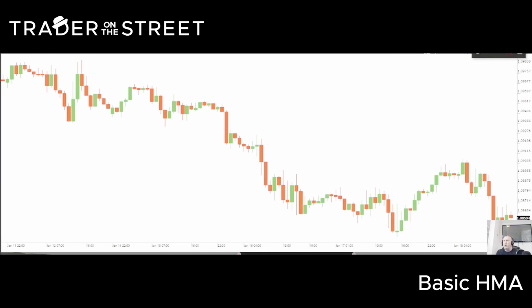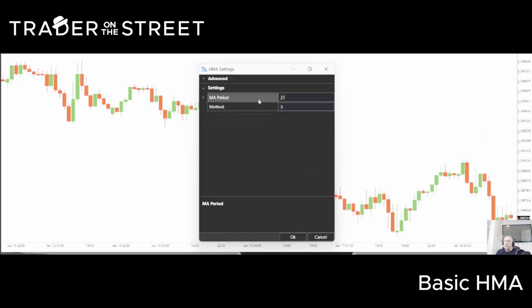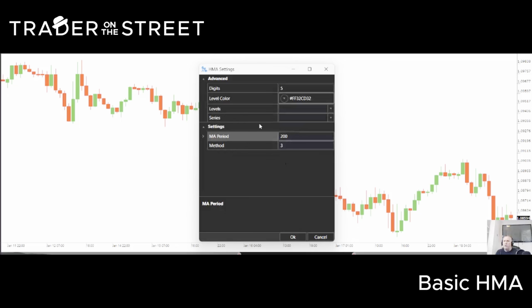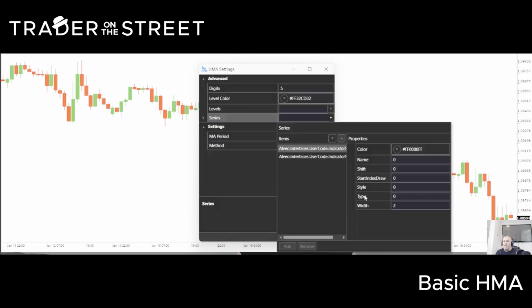First thing that we're going to do is go to our indicators and pull up the HMA just right down here. We're going to put the 200 HMA on this, and we can go to the advanced settings. We can go to series, and we can make this look different if we want to do that.